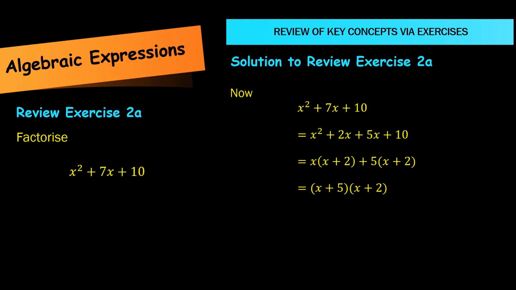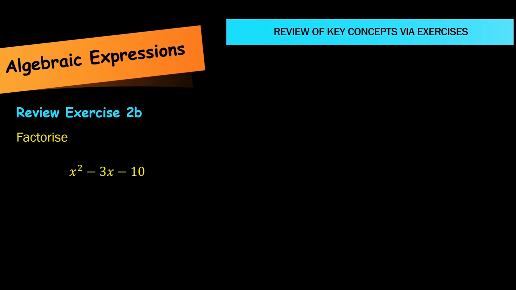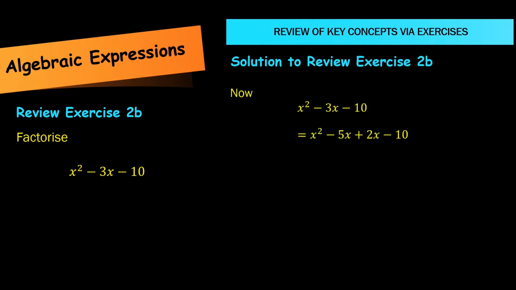Now for exercise 2b, factorise x squared minus 3x minus 10. We will factorise using the technique used in part a. So notice minus 5x plus 2x is minus 3x, and minus 5 times 2 is minus 10. So we present the quadratic as shown. x minus 5 is a factor which is common to the first two terms and the last two terms.